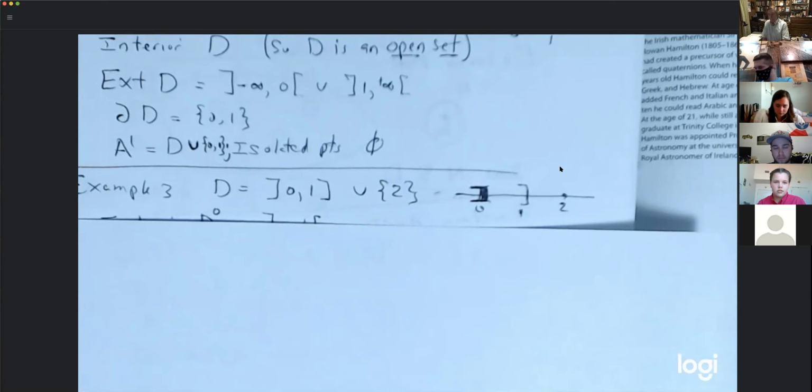Because exterior means you can surround, let's say the point 1, because we have to separate the two numbers. Take the point 1. We can surround 1 by something called a neighborhood that only contains points either outside D or inside D, depending on what we're talking about. If we're talking about exterior, you can surround.